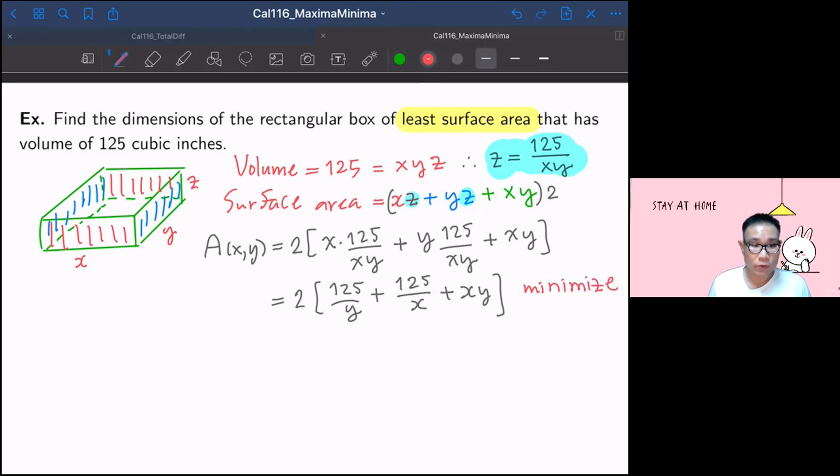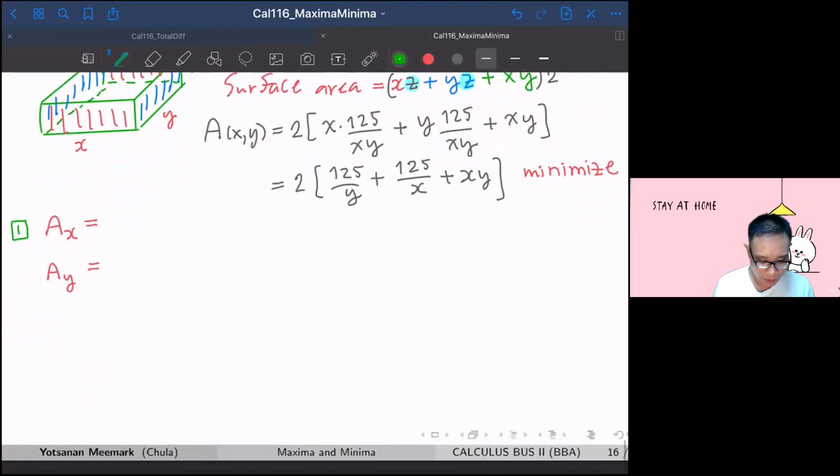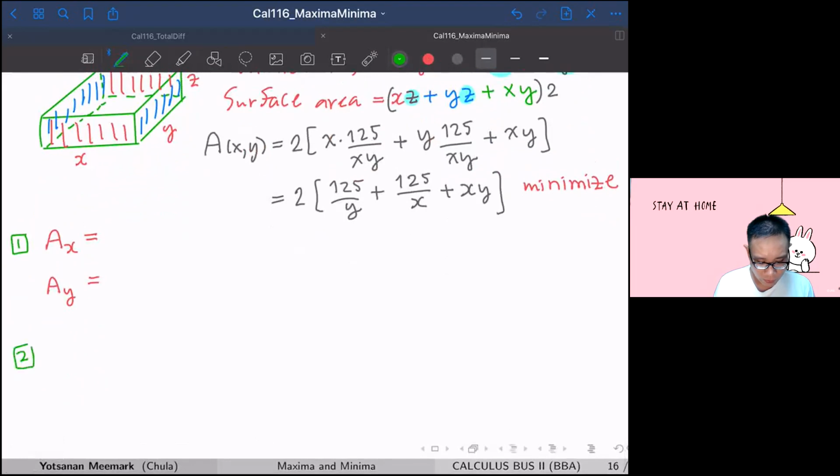You're going to find A_x and A_y, the partial derivative with respect to x and the partial derivative with respect to y, and you're going to continue by finding A_xx, A_xy and A_yy, in order to test for a relative minimum in this case.